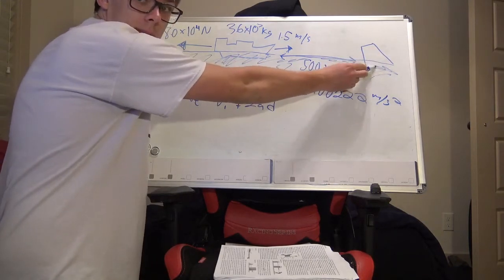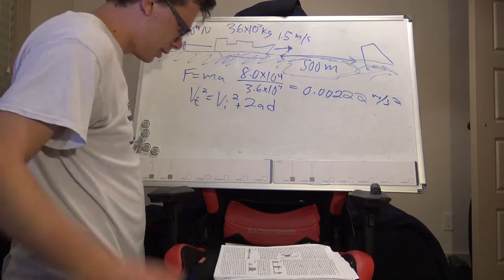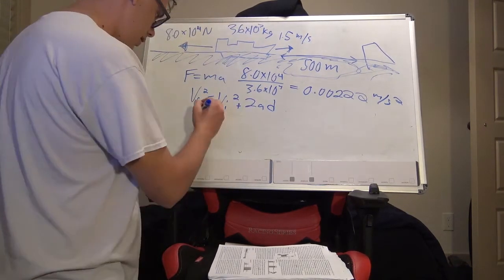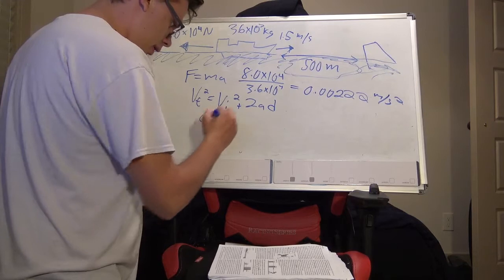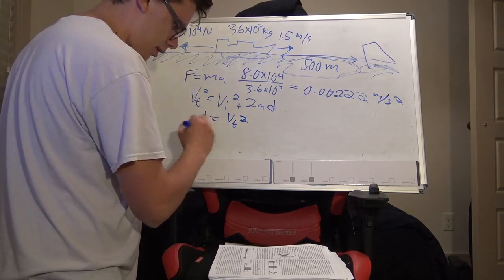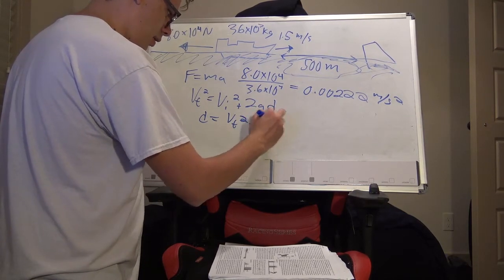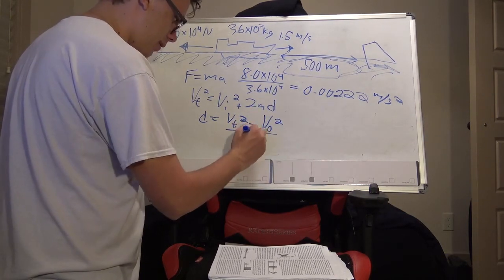That's the reef right there. We can rewrite this as d equals final velocity squared minus initial velocity squared divided by 2a.